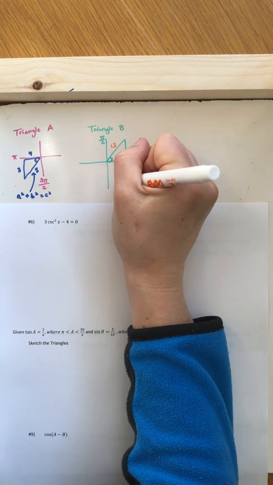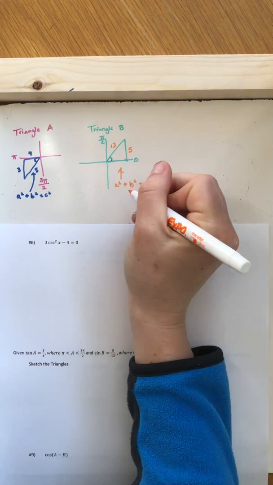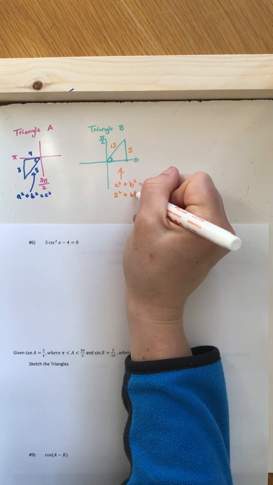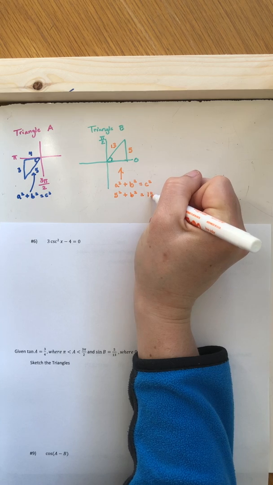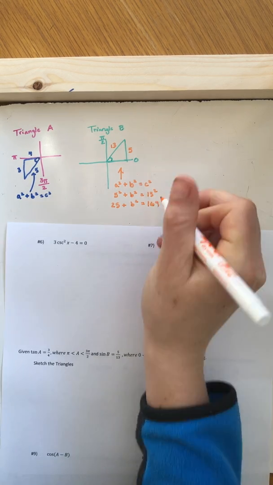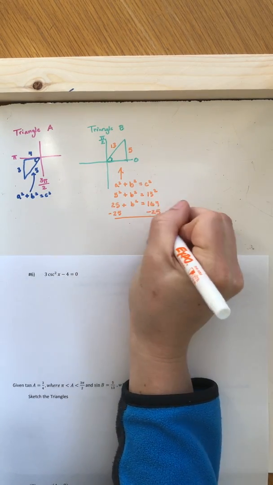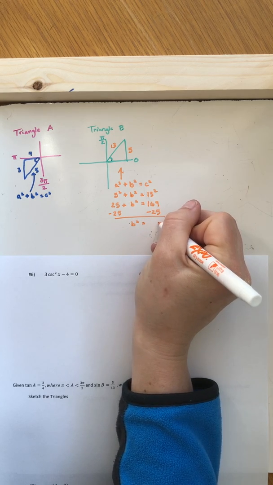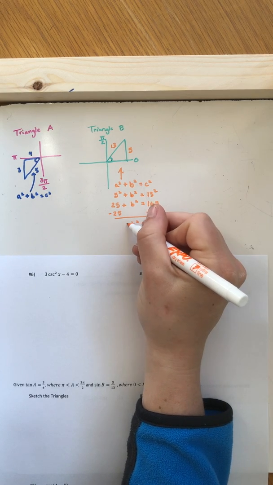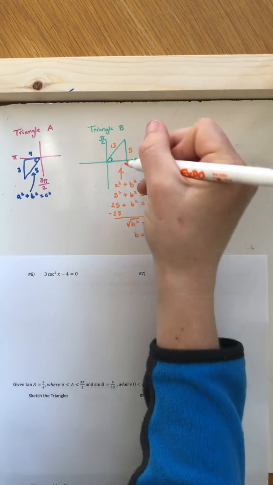And you can do the Pythagorean theorem to figure out that third side. You might not know automatically what goes there. So you have 5 squared plus b squared equals 13 squared. You have 144, and when you take the square root, the other side is going to be 12.